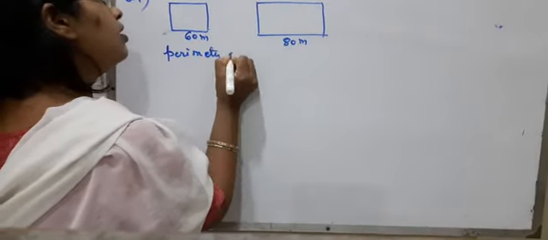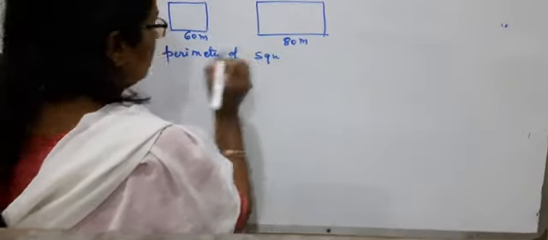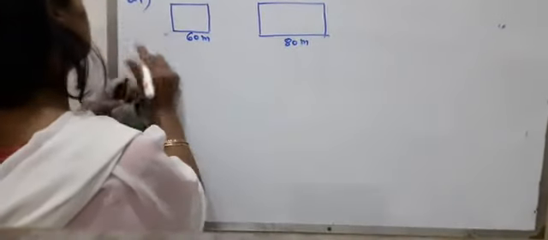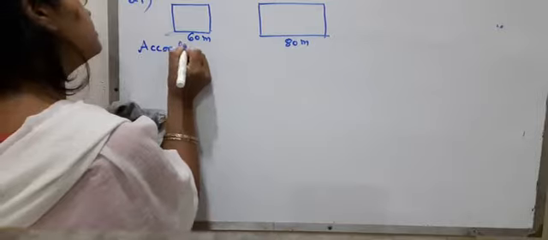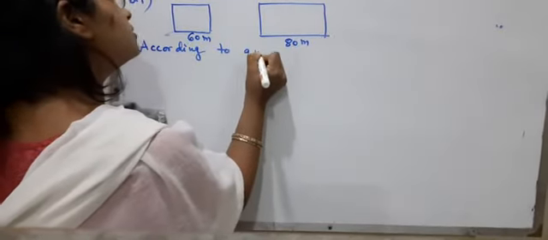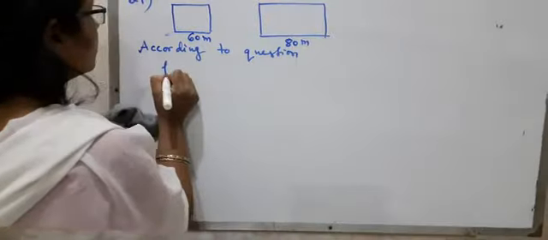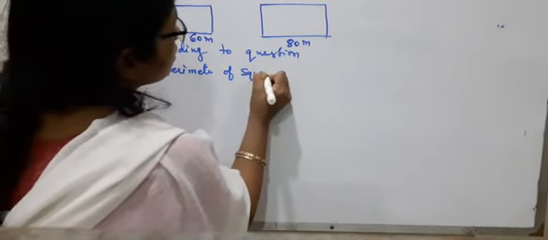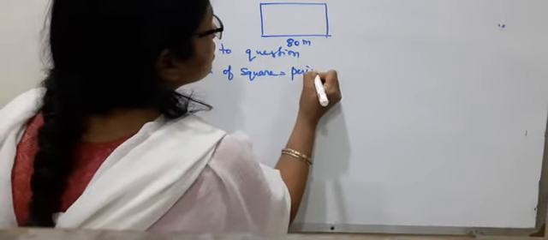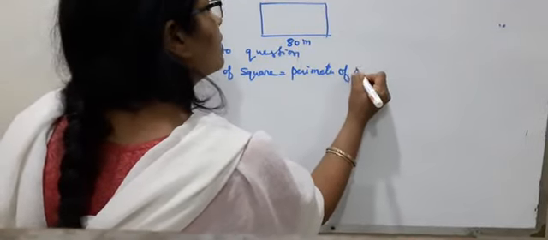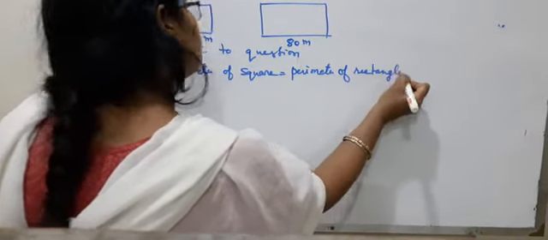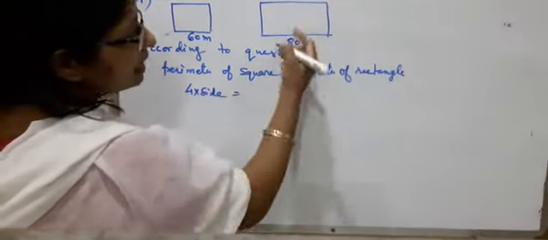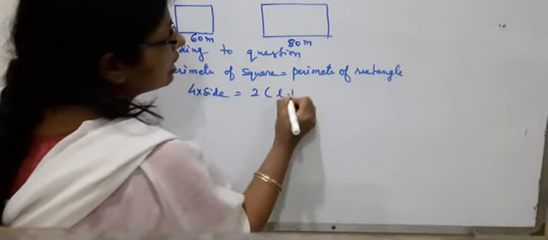Perimeter of square, according to question, is equal to perimeter of rectangle. Perimeter of a square, 4 into side, is equal to perimeter of rectangle, 2 into l plus b.